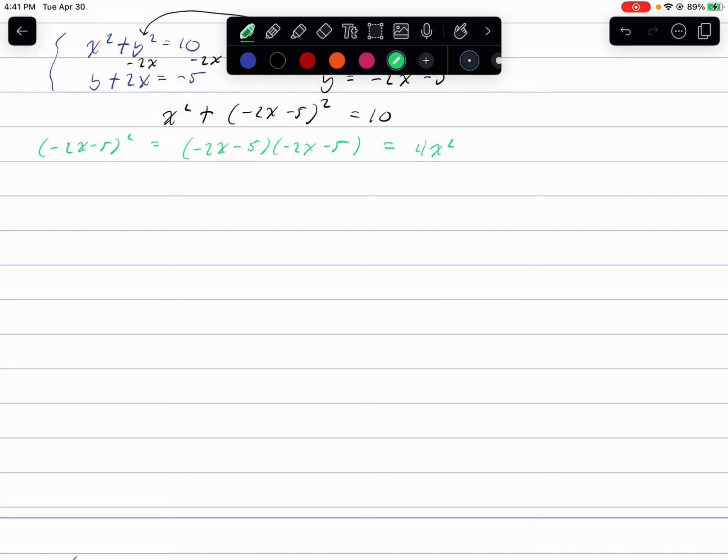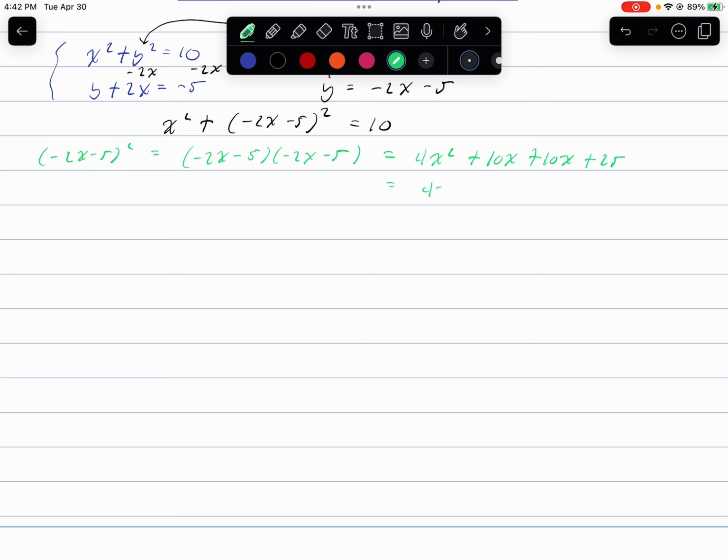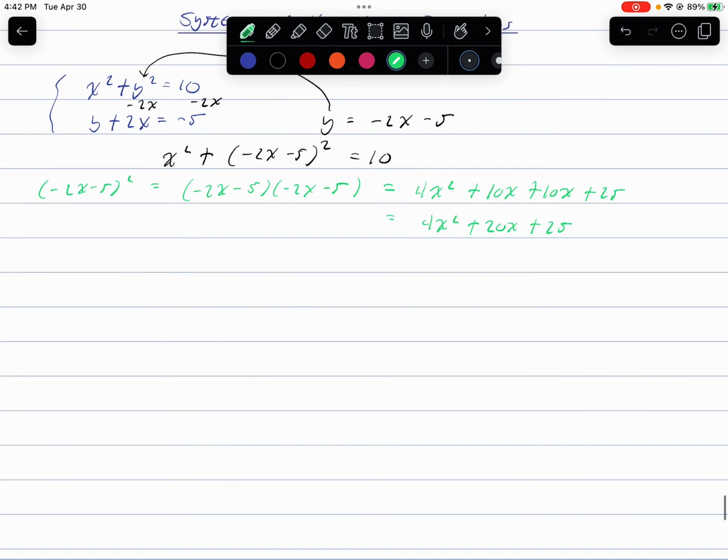Then our outers, negative 2x times negative 5 gives us plus 10x. Negative 5 times negative 2x is plus 10x again. And then negative 5 and negative 5 is plus 25. If we simplify that, we get 4x squared plus 20x plus 25.